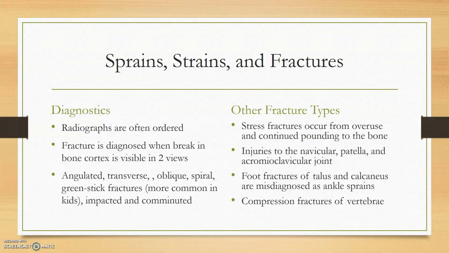You will get a diagnosis of a fracture when the break in the bone cortex is visible in two views, and I gave you an example of that at the end of this lecture.